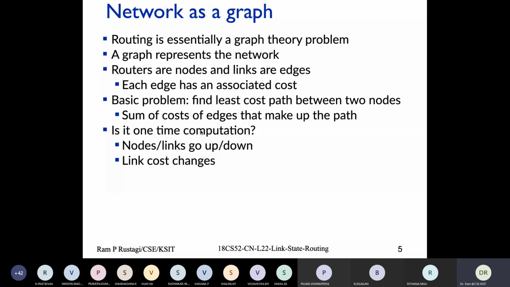Half the time I never get connectivity, so there is link unreliability. So if we compute a one-time cost when the link was up, then that cost is not applicable when the link is down. So new links come up, some links go away, and because the link costs change, we need to recompute the cost anytime the changes occur.